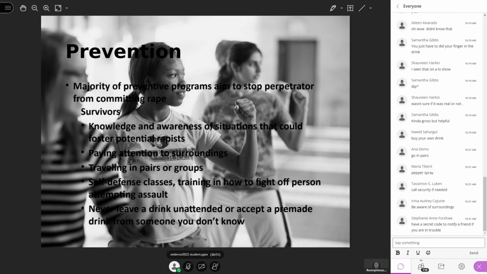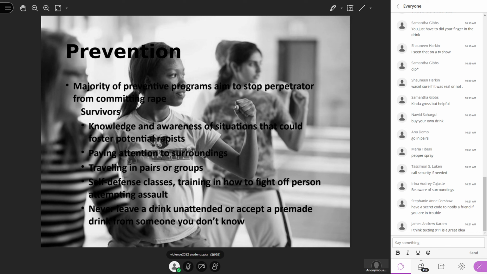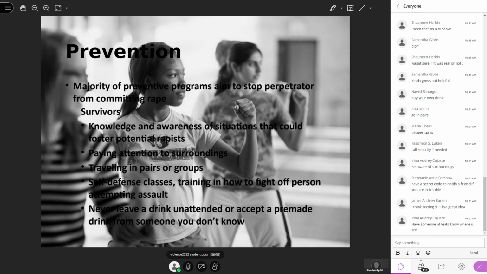A secret code to notify your friend if you're in trouble. Awesome. So that's something that you can text them and they will know. And always make sure you let them know where you're going, who you're going with, right? Keep your GPS tracker on your phone. Yeah, texting is a great idea. Have someone at least know where you are.